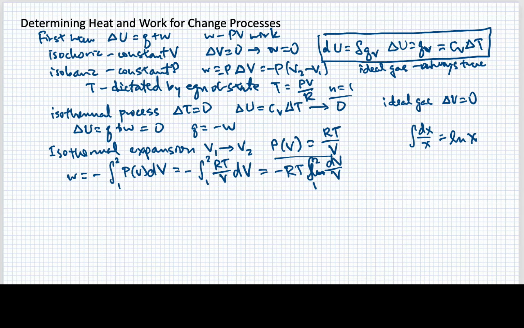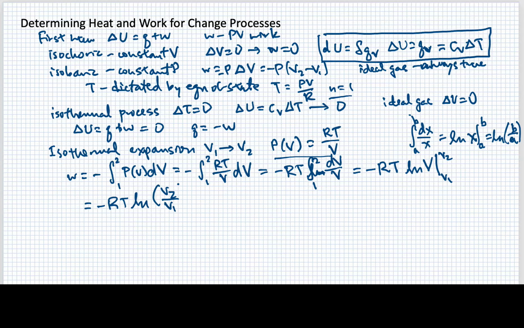And if it's evaluated between 2 points A and B, it will be log of B over A. All right, so we're going to be using those results here to simply write that the isothermal work is going to be R times the temperature of that isothermal curve times log of V evaluated from V1 to V2, and that this is simply going to be negative RT log of V2 divided by V1.